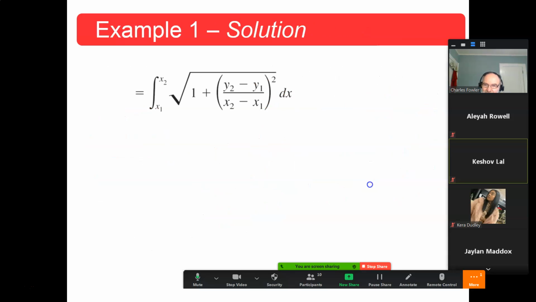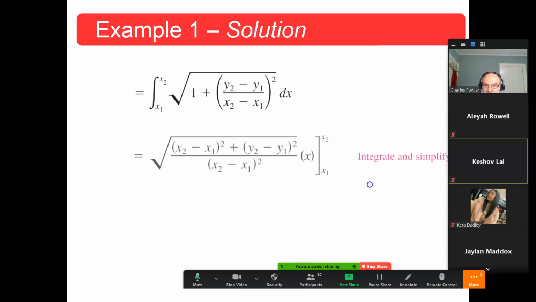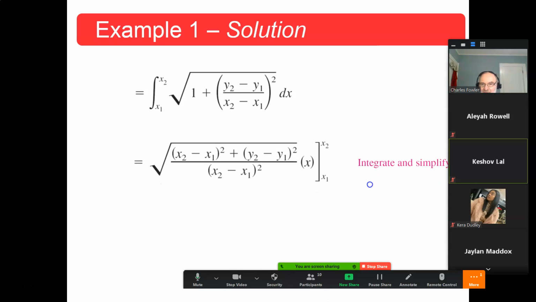Well, that would be the integral from x1 to x2 of the square root of 1 plus (y2 minus y1) squared over (x2 minus x1) squared, which, just like we did, write the 1 as (x2 minus x1) squared over (x2 minus x1) squared. And then you have this plus this over that. And you integrated this at the same time.